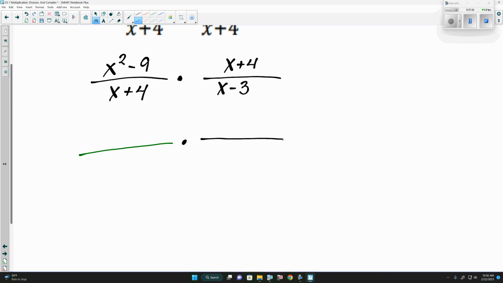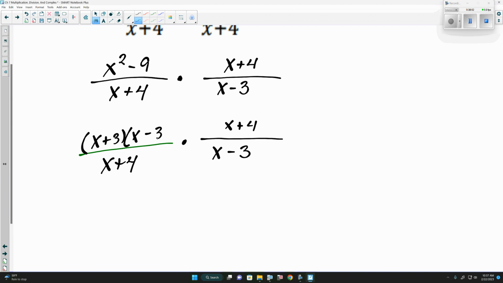And with multiplication, we need to factor any of the expressions that does factor. Looking at this here, there's only one that's going to, which is our x squared minus 9, which factors to what?